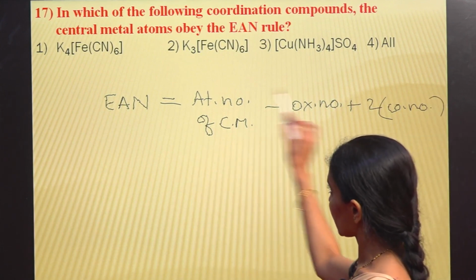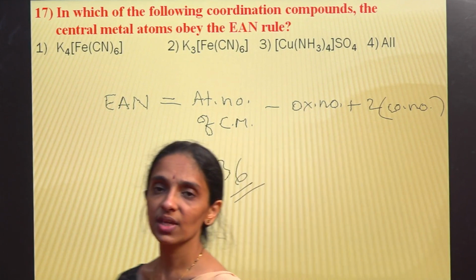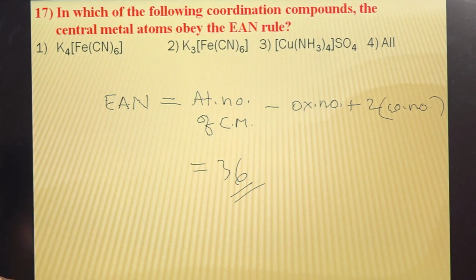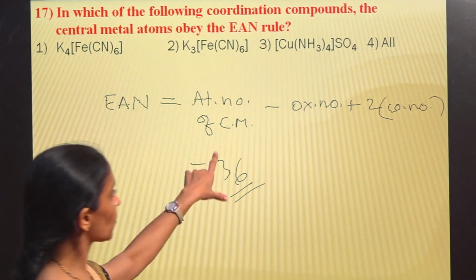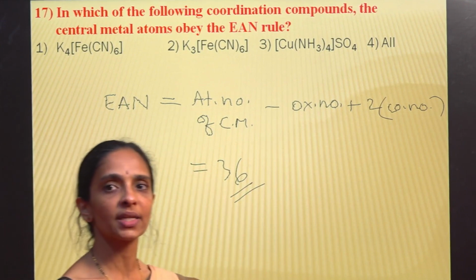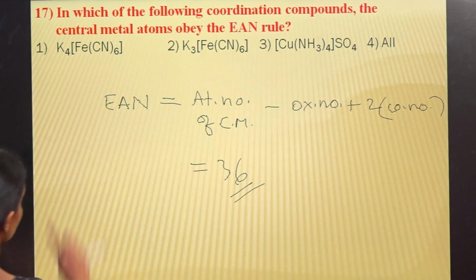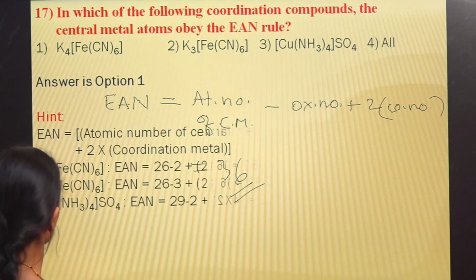If this particular value comes out to be 36, then we say that EAN rule is obeyed. For most of the complexes, it is so. Okay, for most of the complexes, EAN value comes out to be 36, but some do not obey this particular rule. Now, let's see which complex obeys the EAN rule and which doesn't obey it.